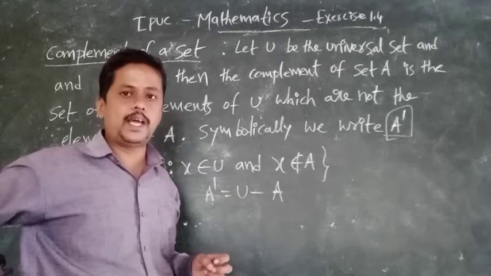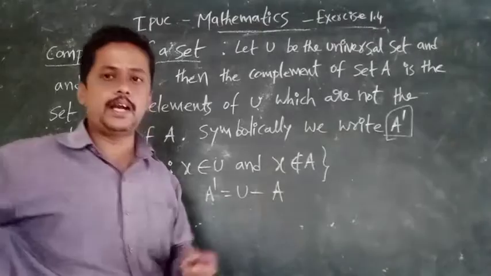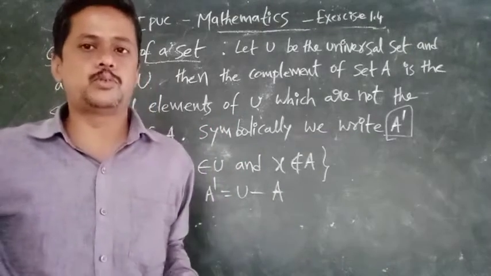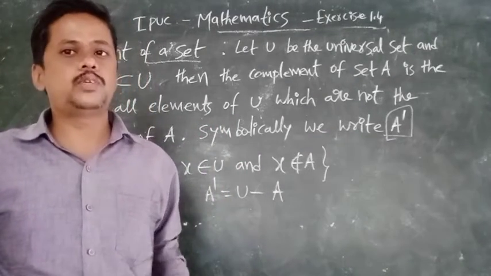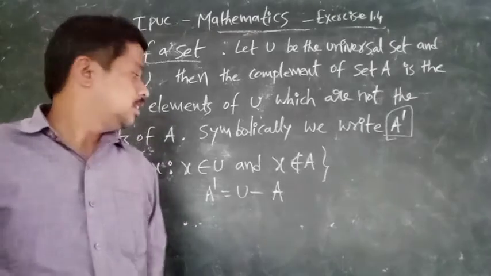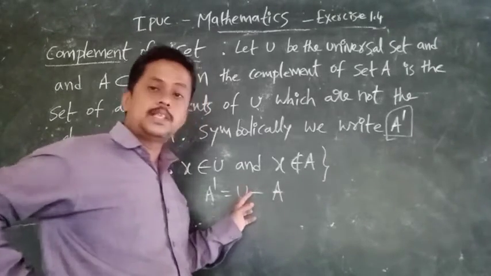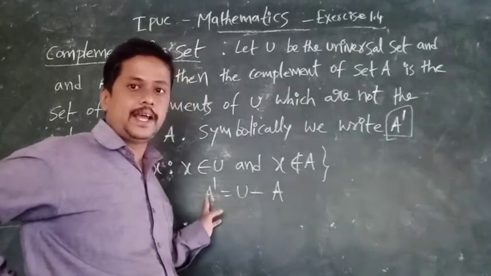Already you know how to calculate the difference of two sets, as we observed in the last video. So U minus A, universal set minus A, is called A dash.